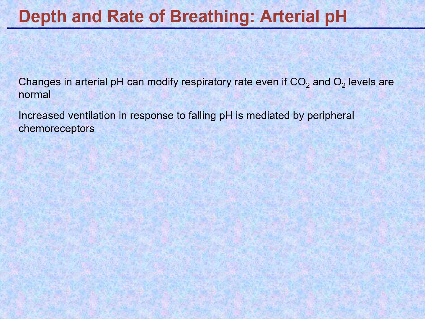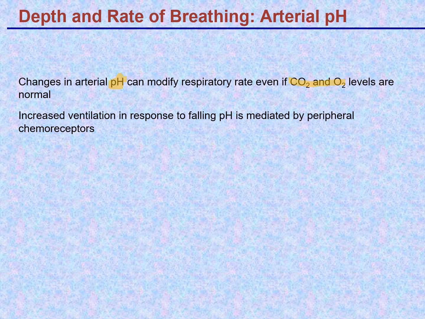Well, changes in pH, of course, as I've explained to you, can modify respiratory rates. Normally, the change is due to changes in CO2 levels. But even when the CO2 levels and the O2 levels are normal, you can get modification if the pH changes.